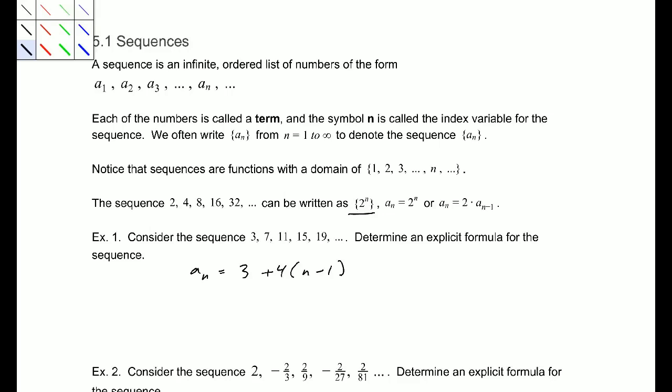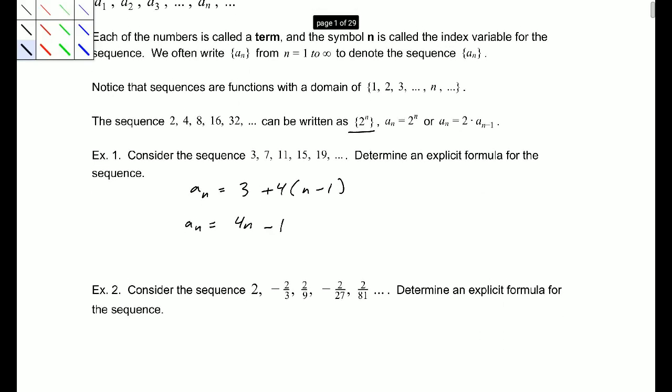Plug in the value of 1 for n, that would be 3, which is our first term. Plug in a value of 2, that would be 1 times 4, so that is 7. So the n minus 1 takes into account the fact that we're starting at 1. Now, if we rearrange that, that would be 4n minus 1. 4n minus 1 is the explicit formula for that.